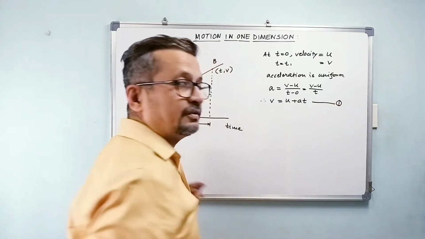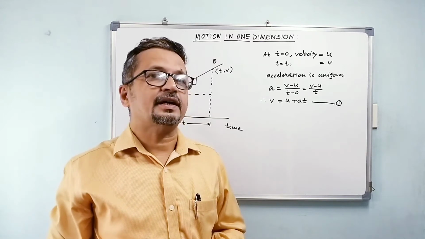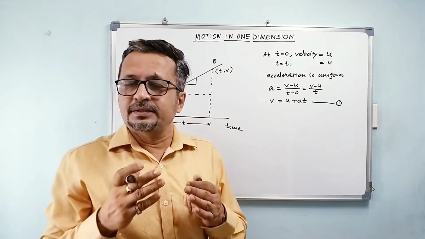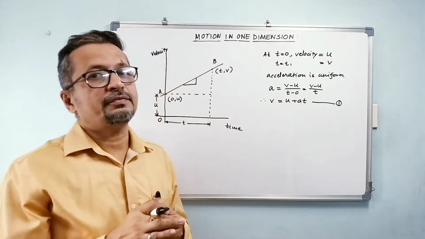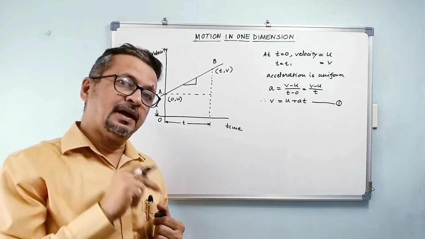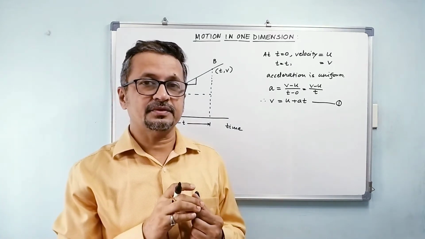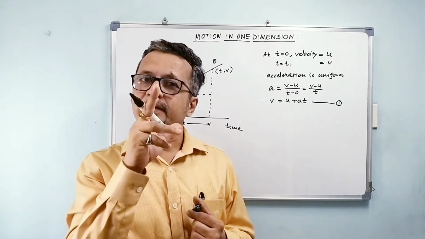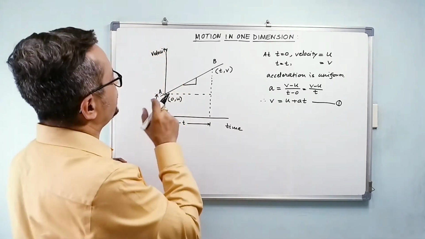What about the second kinematic equation? We say that the gradient of the velocity time graph gives you acceleration, and the area under the graph of velocity gives you displacement. So let us try to find the displacement.